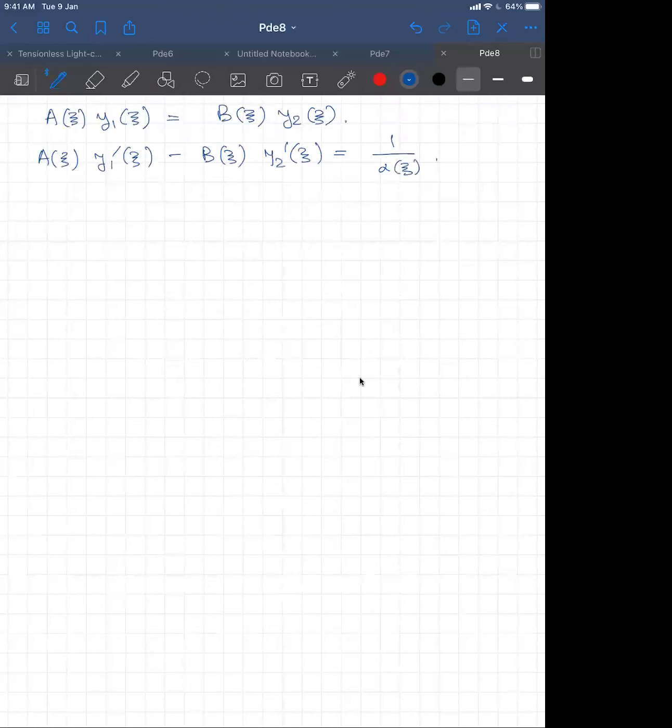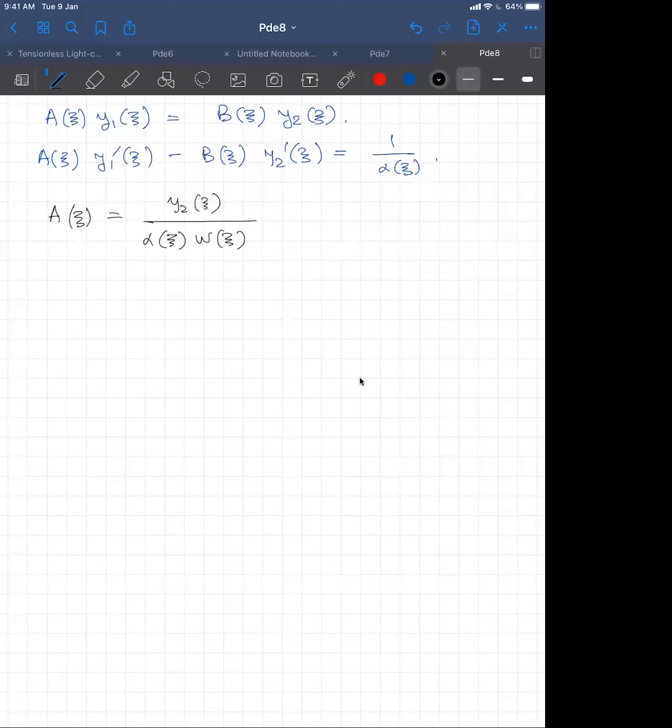Very good. So these are two linear equations for A and B. We can solve for A and B, and A of psi is given by y2 of psi over alpha of psi w of psi.